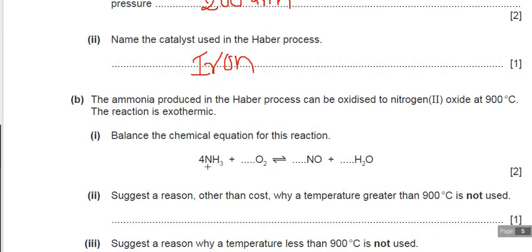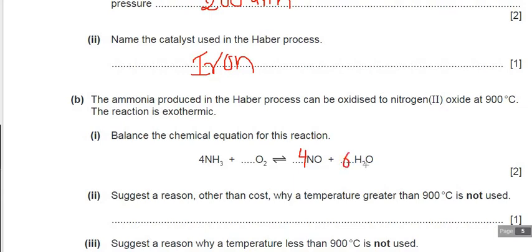So I would like to balance nitrogen first. I will write down 4 on the product side, because on the reactant side nitrogen is 4. Now there is 12 hydrogen, 4 3s are 12. Here it is only 2 on the product side, so I will write down 6.